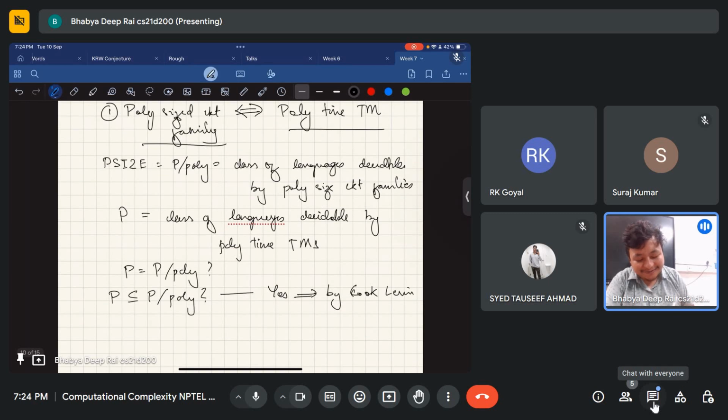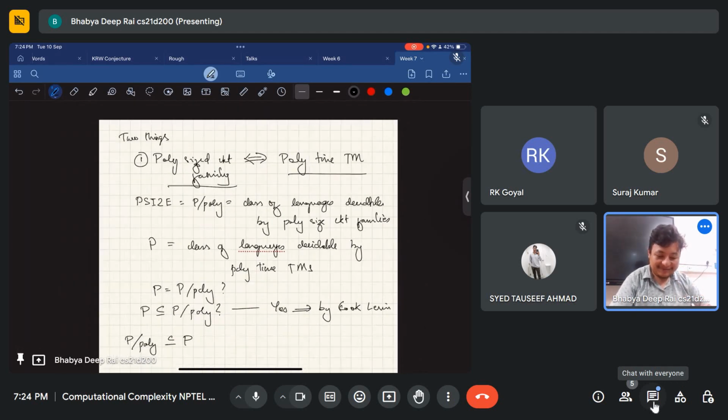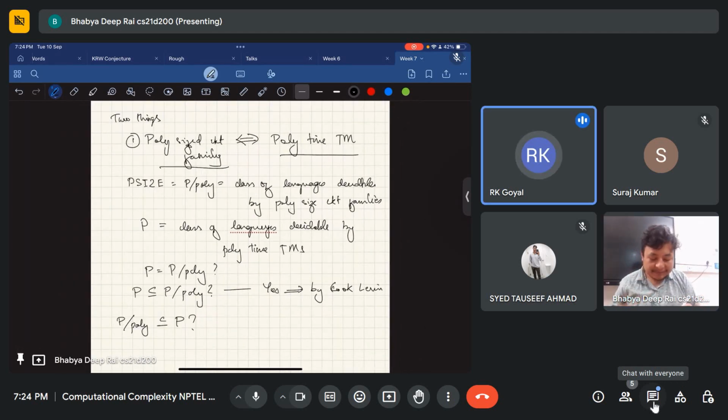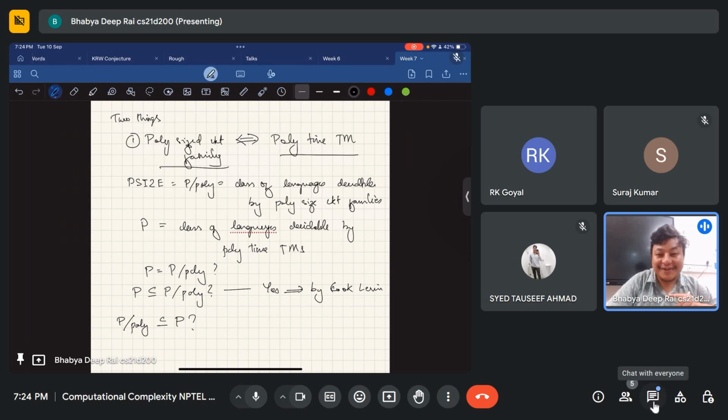Now let's try the other way. Is P/poly contained in P? Now the question is a bit different. We know that a language is decidable by a polynomial sized circuit family.